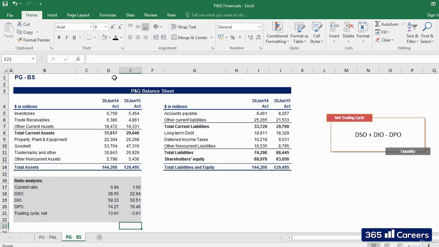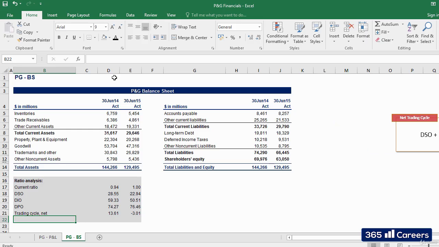In fact, we can see that the company was able to reduce its DSO and DIO figures while continuing to pay in more than 70 days to suppliers. P&G is able to operate its business without significant working capital investments. This is proof of the company's strong bargaining power. Its clients pay in every 3 to 4 weeks, while P&G pays its suppliers in more than 10 weeks.